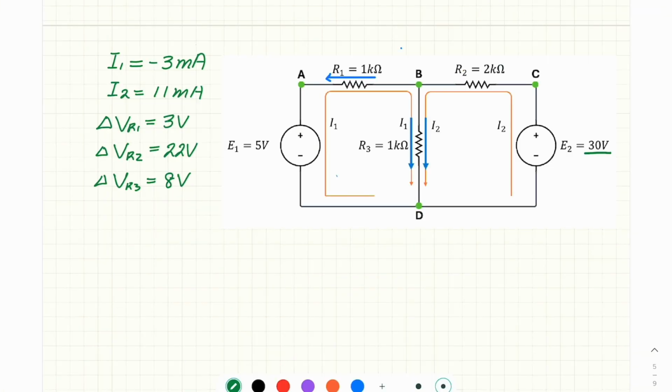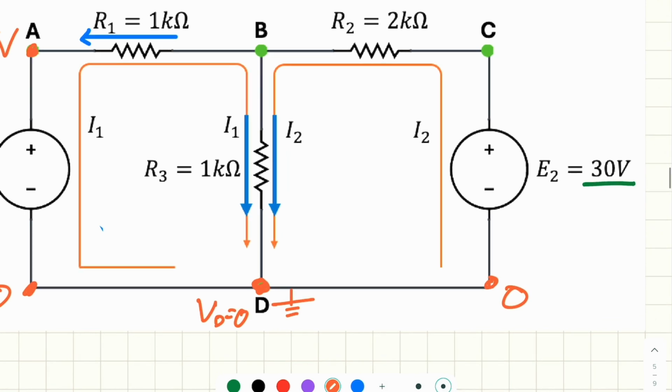Now if we ground the circuit at node D, it means we force D to become 0. We want to write down the voltages and see if they are consistent with the KVL. D is 0, this is also 0, and this is also 0. For E1, it will step up the voltage from the negative to positive by 5 volt. So A must be 5 volt. For voltage source E2, it will step up the voltage by 30 volt.